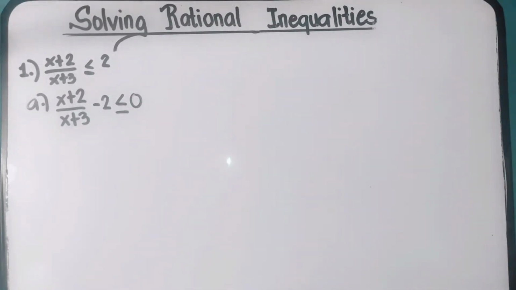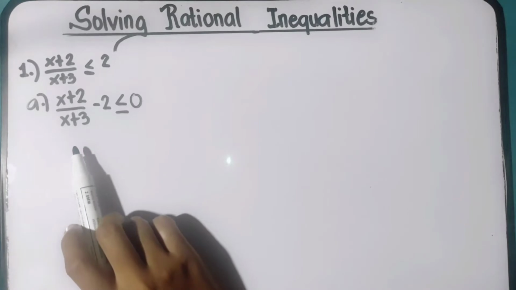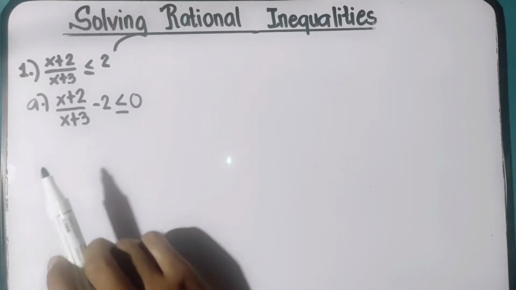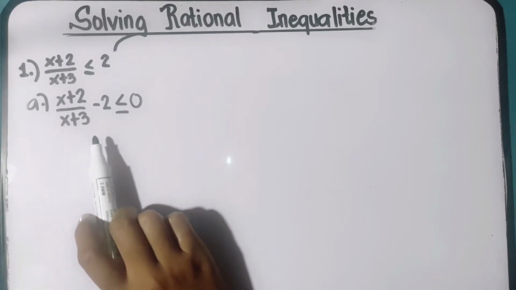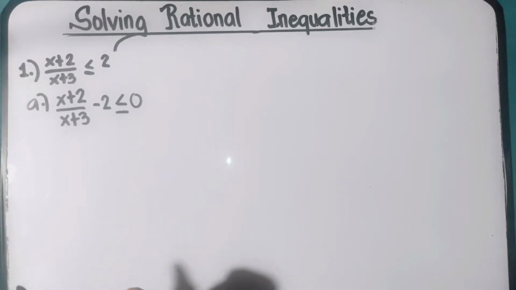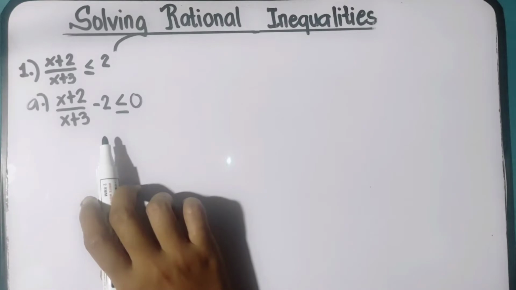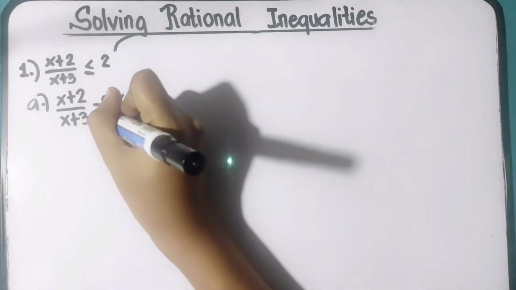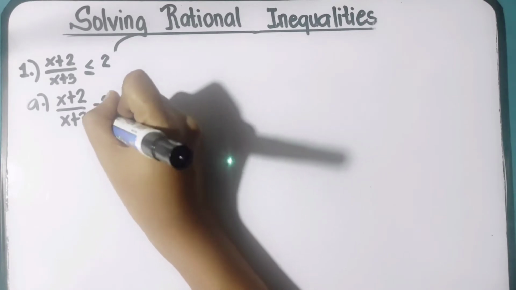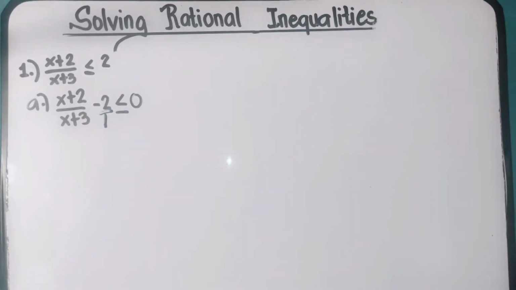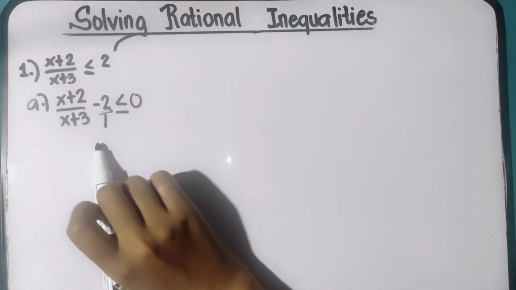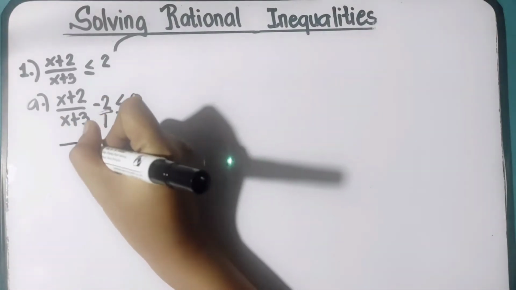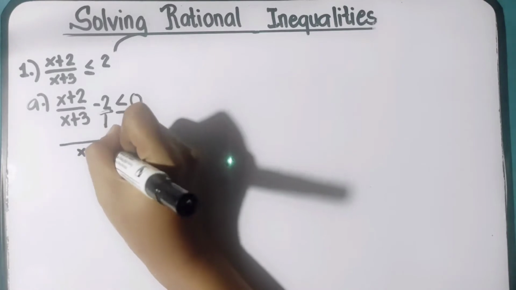Next, let us make (x + 2)/(x + 3) - 2 a single rational expression by getting their least common denominator. Since 2 is a whole number, we can put 1 as its denominator. The LCD of x + 3 and 1 is x + 3.